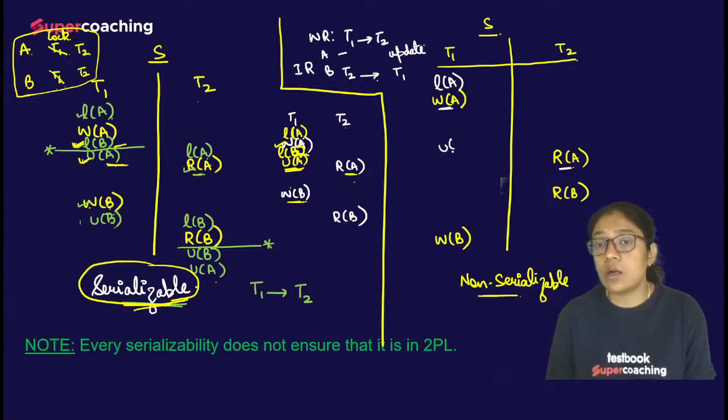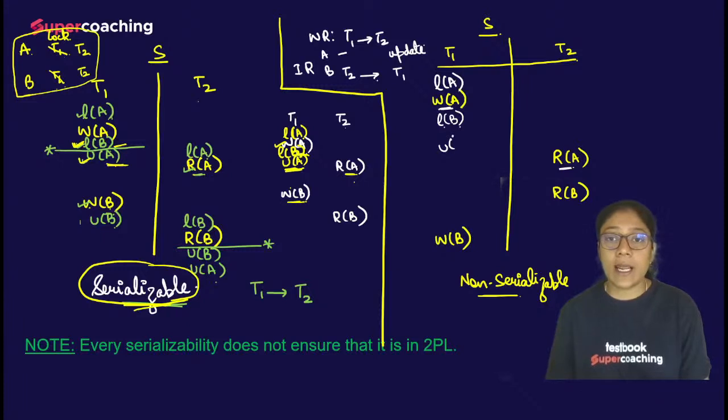And this cannot unlock the data item A because it wants to get a lock on data item B. But will it get the lock on data item B?